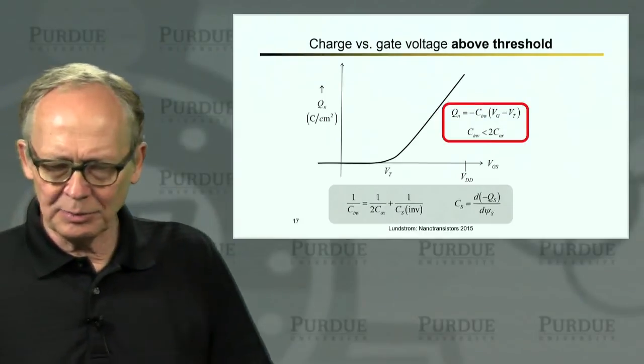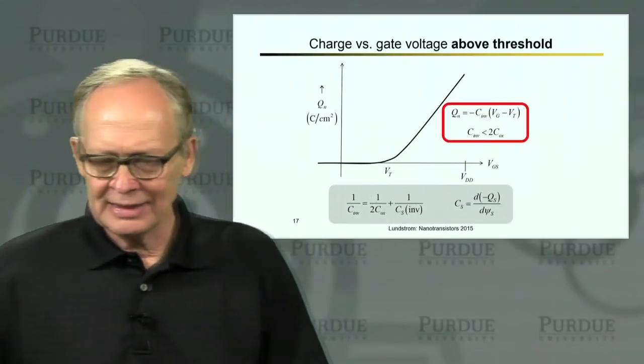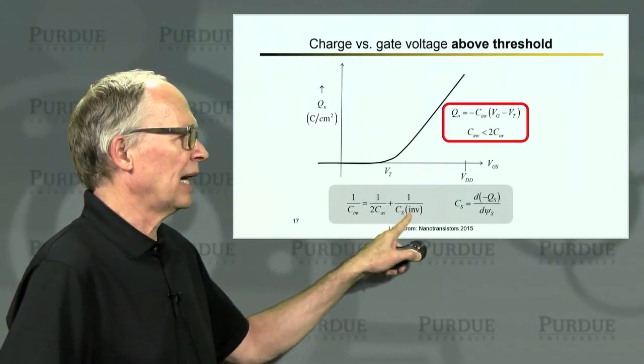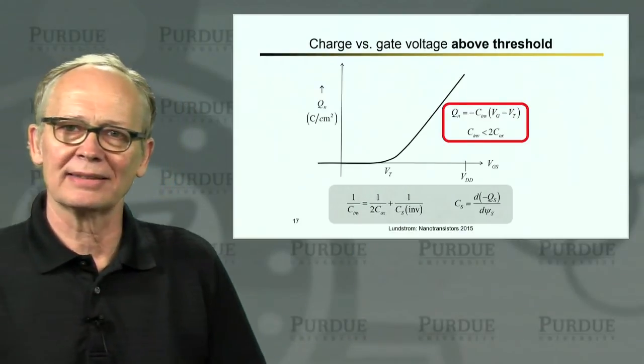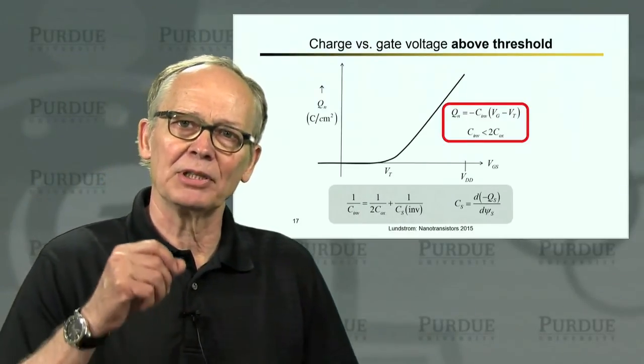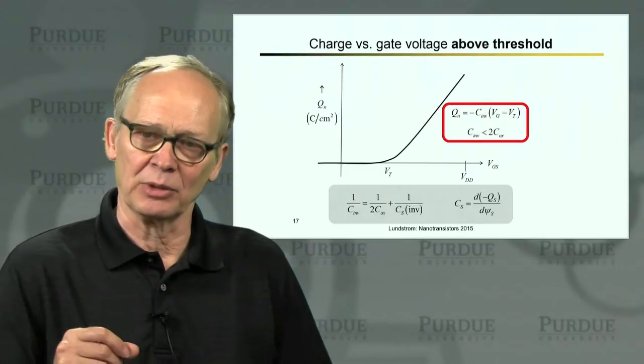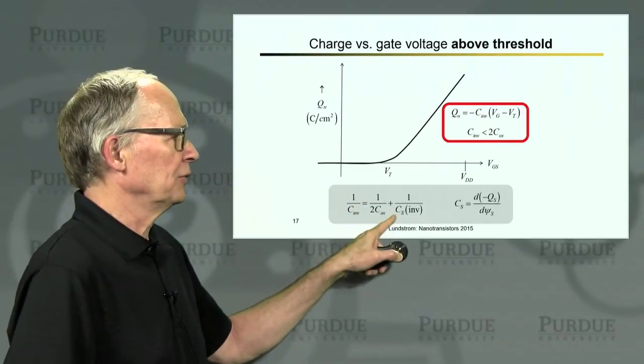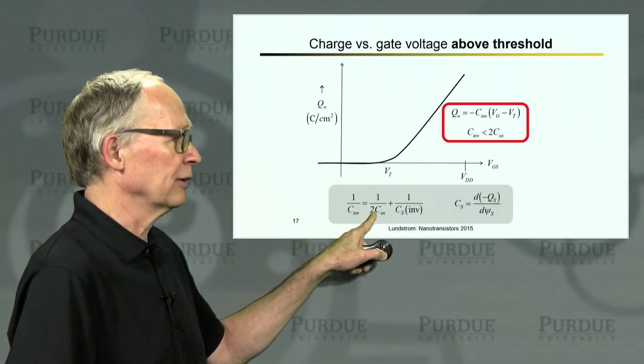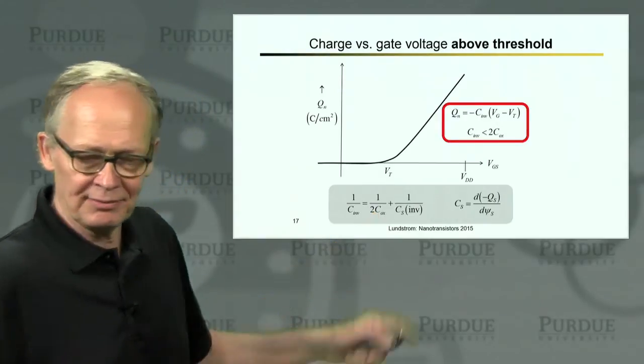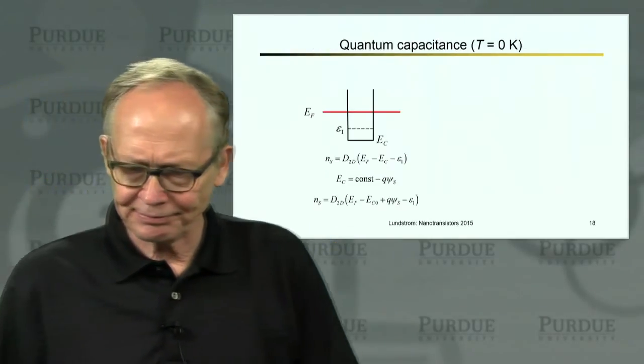Now, the thing that's a little bit different here is that you have to remember I only have one semiconductor capacitance, and I am sharing that between the top and the bottom equally. So there's no factor of 2 down here. The factor of 2 here is because I have a top gate and I have a bottom gate.